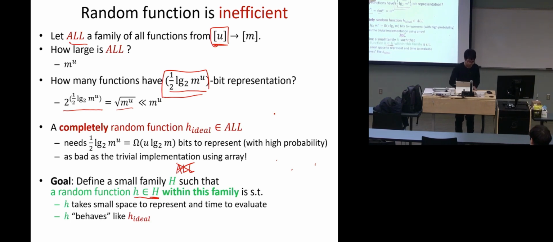But we still want h to behave like a completely random function. So that's the goal. Does the goal make sense?